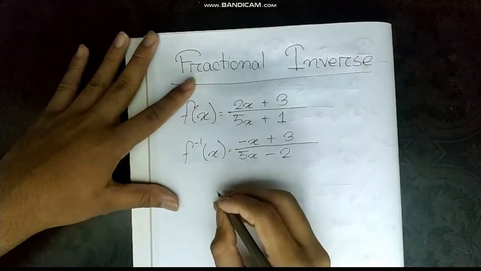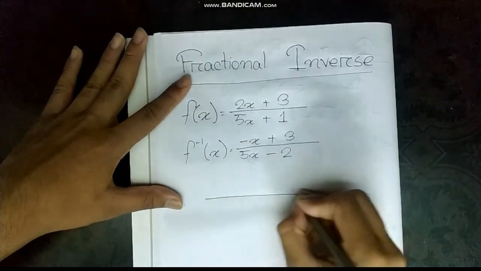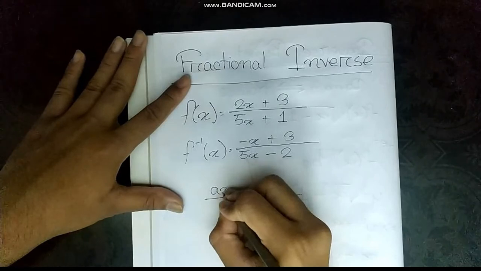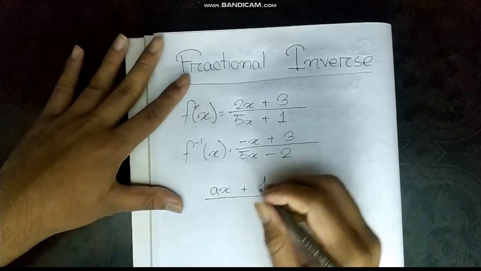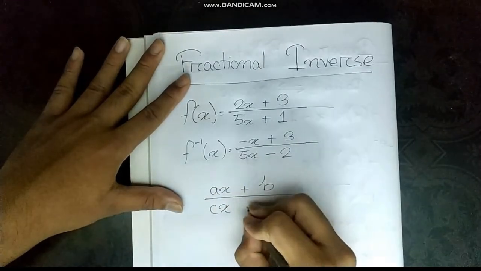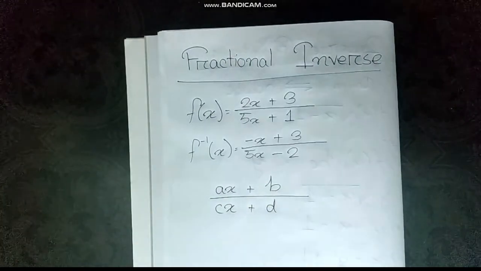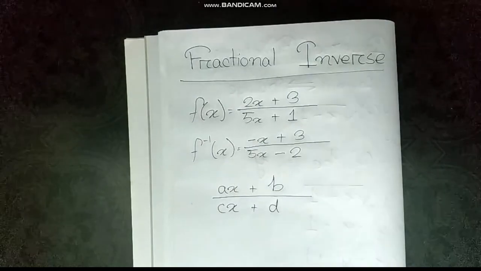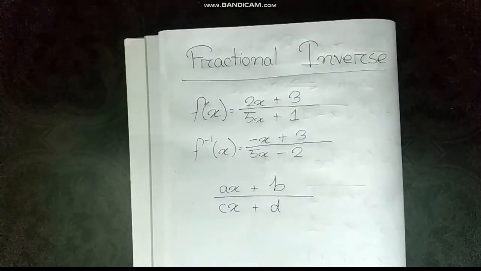Suppose we see any function as a fraction, let the general structure of a fractional function be ax plus b divided by cx plus d.